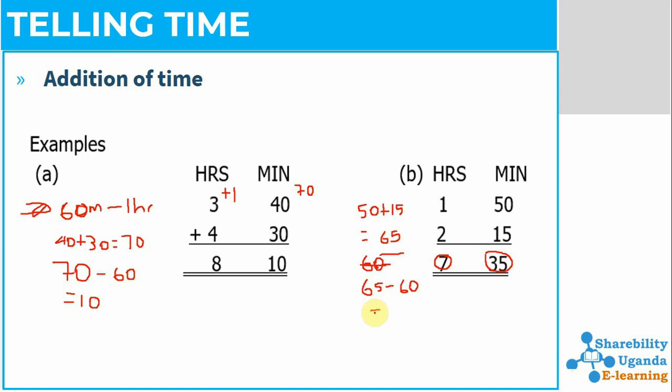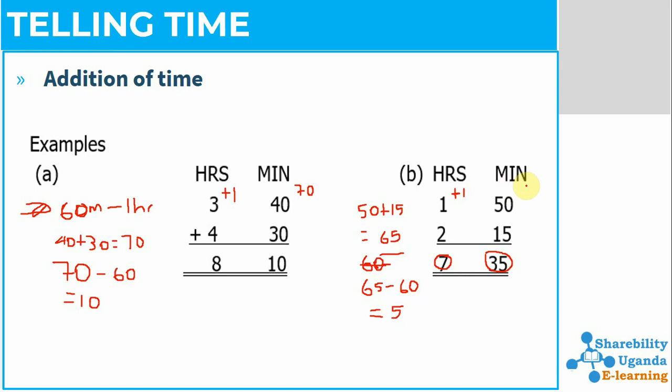So here we can see that we have remained with 5 minutes. So that means here we are supposed to add our 1 hour, which is here. You say plus the 1 hour.